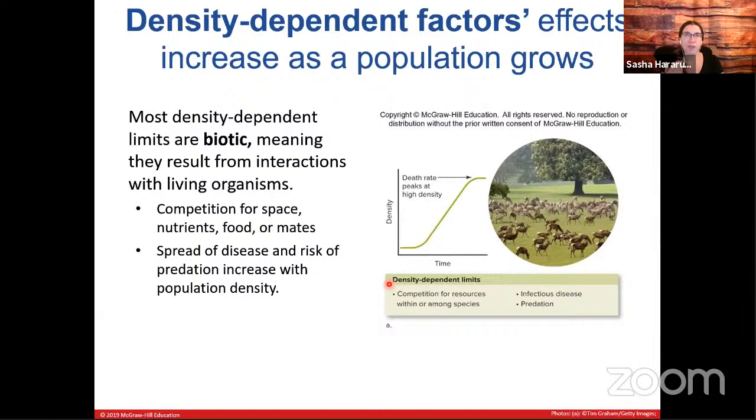At the same time, the mortality rate, the rate of death of the little trees, is the highest within the forest stand. That is because those little trees are competing for space. They're competing for sunlight with each other. And remember, plants photosynthesize, they need sunlight to produce sugar, to convert CO2 and water into sugar.